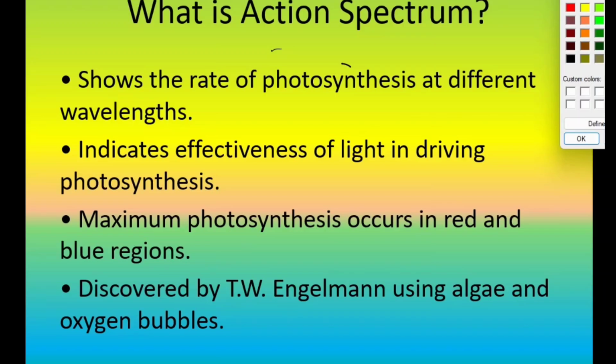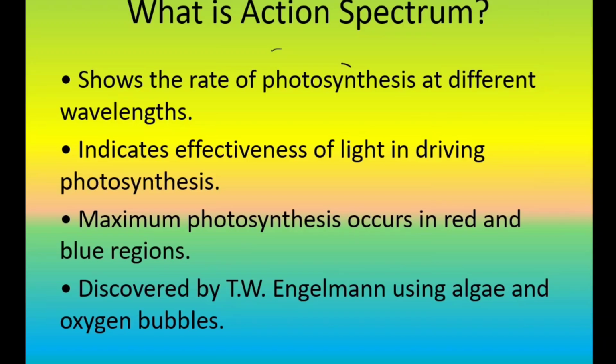It has been proved by many scientists, the rate of photosynthesis. Basically the main scientist who discovered this is Engelmann, T.W. Engelmann discovered the actual light in which the photosynthesis is maximum, or the wavelength of light in which the rate of photosynthesis is maximum.